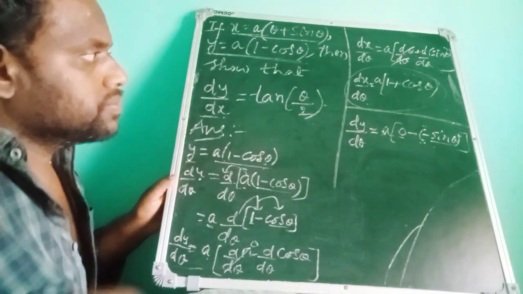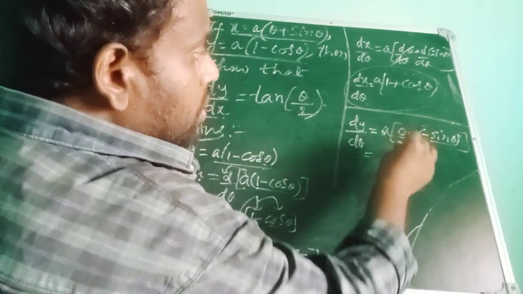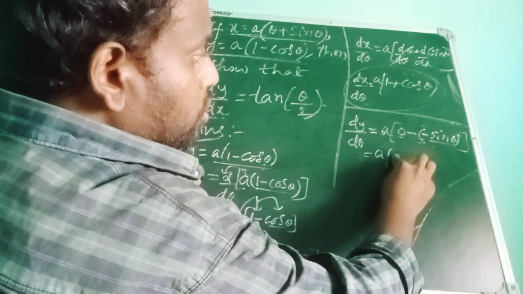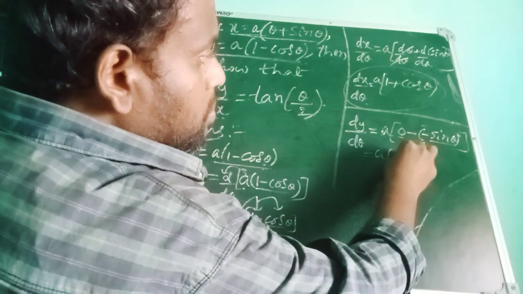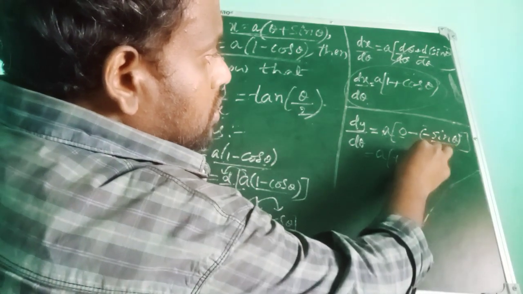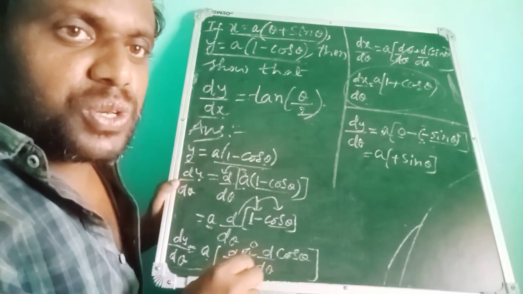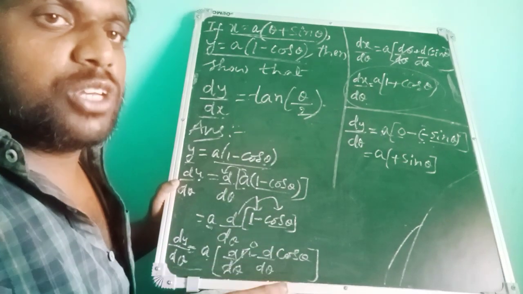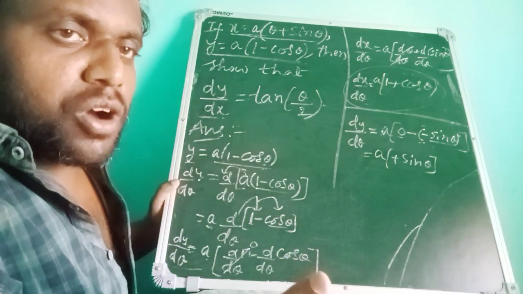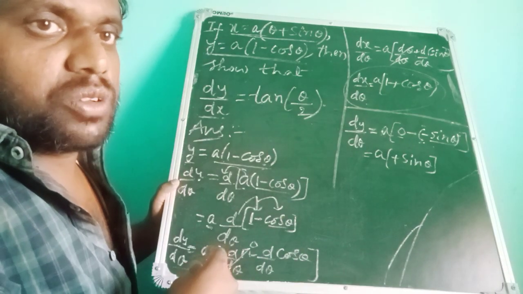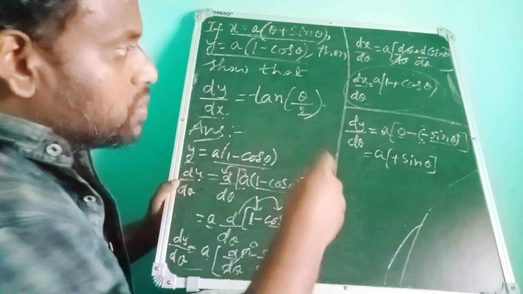Okay. You write this a as it is. 0 you forgot, don't write anything. Minus into minus plus sin theta. See here, what is the mistake, do you know? Like this only you will make mistakes. If you make a small mistake, everything will go wrong in the exam. You will get the final answer wrong. What was the mistake here?